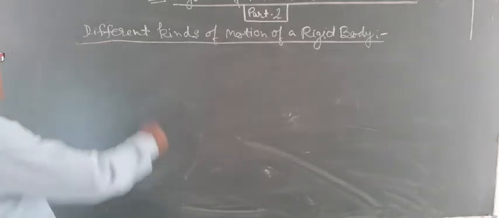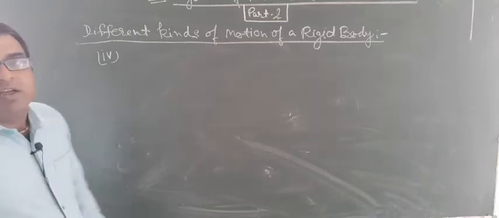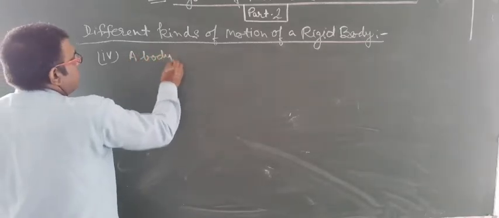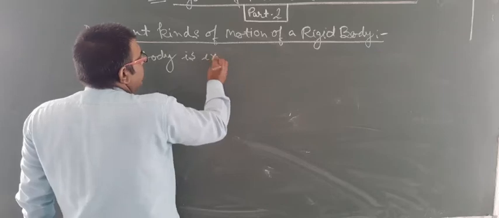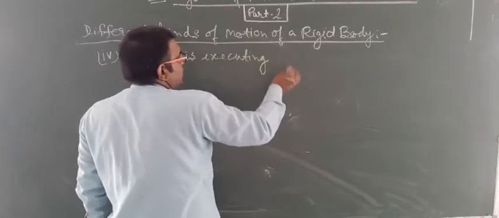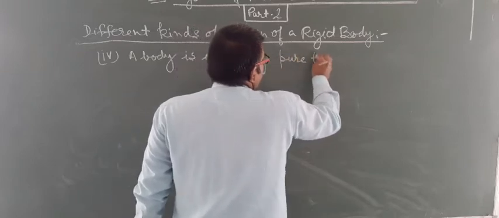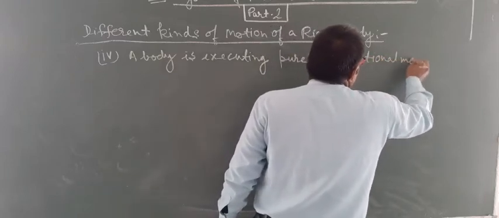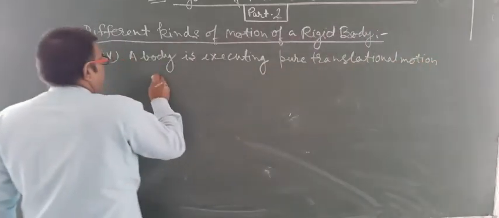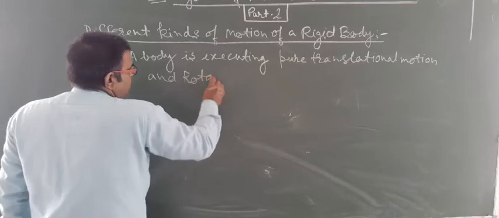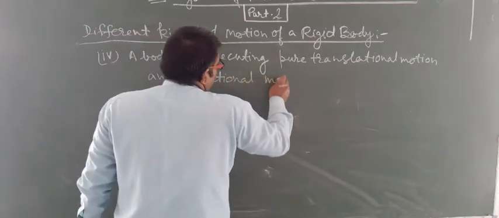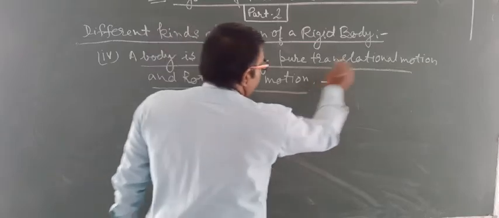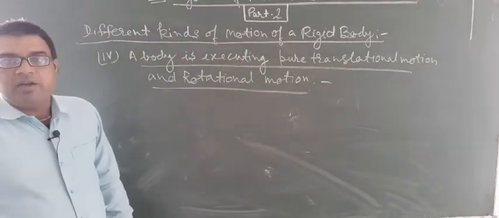The fourth type of motion is what a body executes when it has pure translational motion and rotational motion. Pure translational motion and rotational motion.